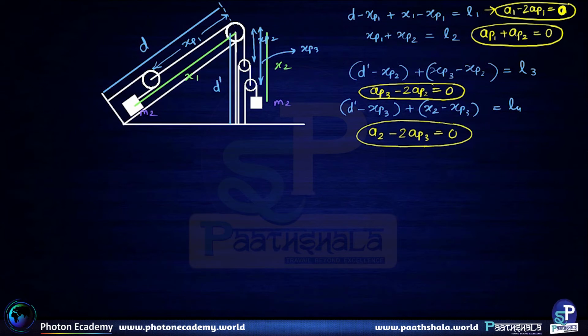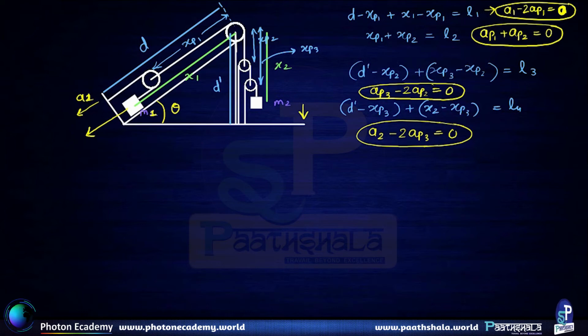Okay, so for the masses, this angle is theta, this is given. So for the masses, I'm assuming the acceleration of m2 to be a2 in this direction, and for this mass, let me label it as m1.